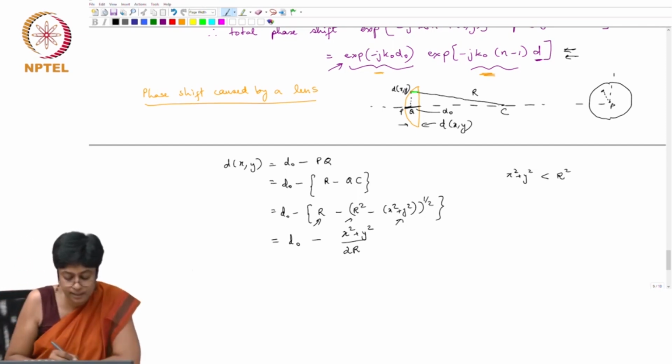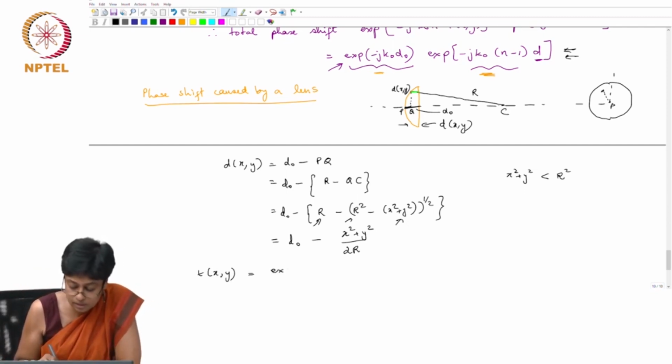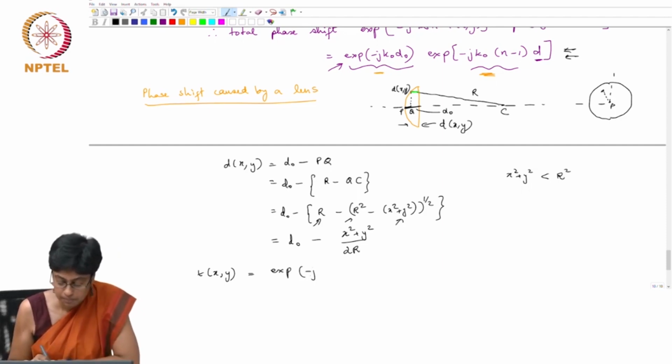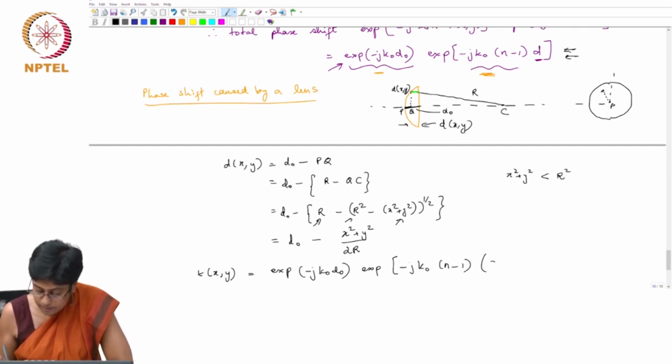So if I go back and write t of x y, the transmittance of the lens, it is exponential minus j k naught d naught, exponential minus j k naught n minus 1 times d naught minus x squared plus y squared by 2R.